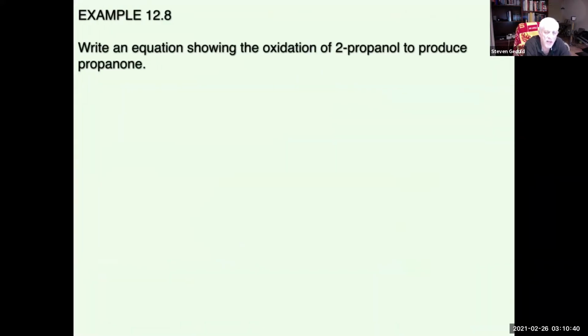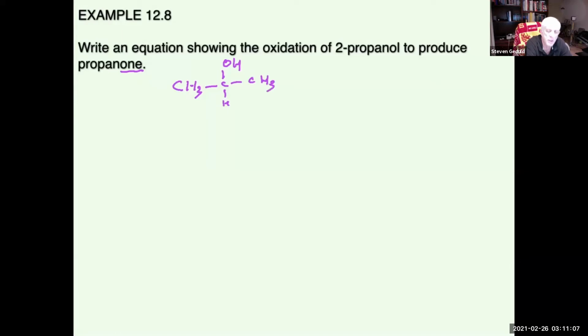So write an equation of the oxidation of 2-propanol to produce propanone. Again, ONE ending, you know it's a ketone. 2-propanol, propane has 3 carbons. There's your H. There's your OH. 2-propanol, CH3.